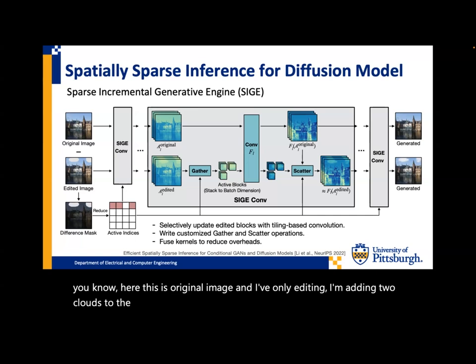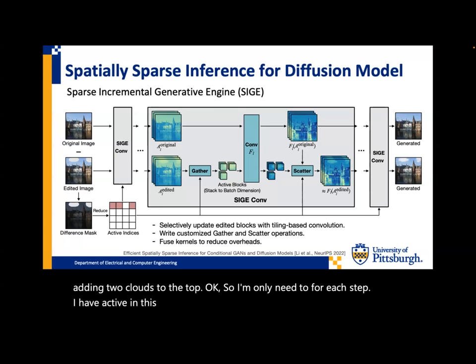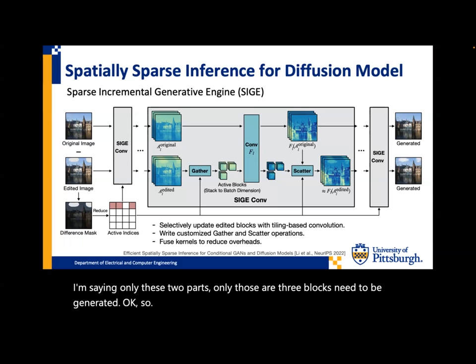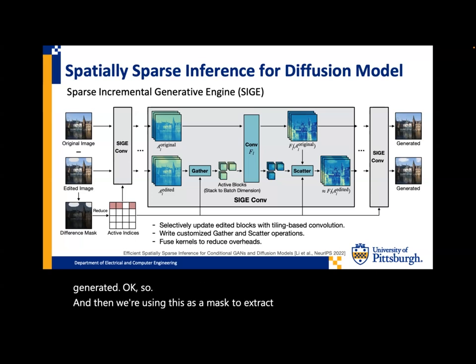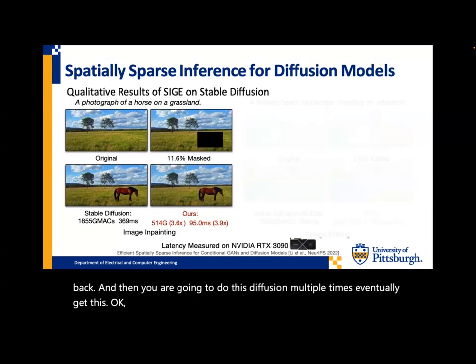For each step, I have active indices, saying only these three blocks need to be generated. I use this as a mask to extract those three parts, and only those three parts go through the diffusion process. Then I add them back, and after going through this diffusion multiple times, you eventually get this. Okay, so that's nothing fancy.